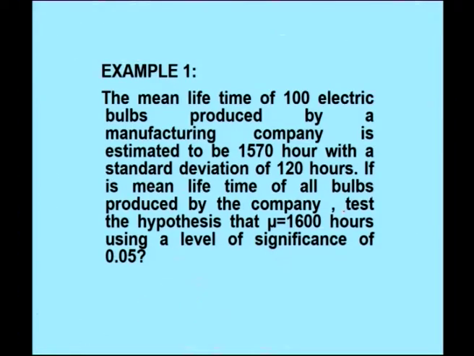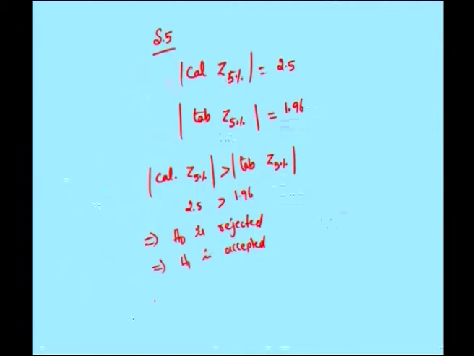And what is the question you are asked? Test the hypothesis that mu is equal to 1600 hours. So, the hypothesis that mu is equal to 1600 hours is not acceptable. So, that is the conclusion we can give. Therefore, mu is equal to 1600 hours is not accepted, or it is rejected.